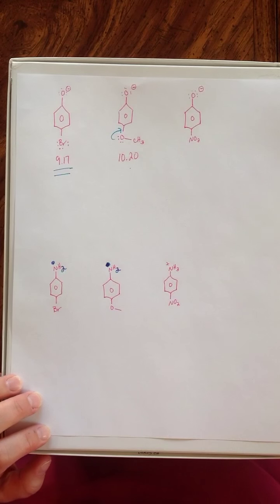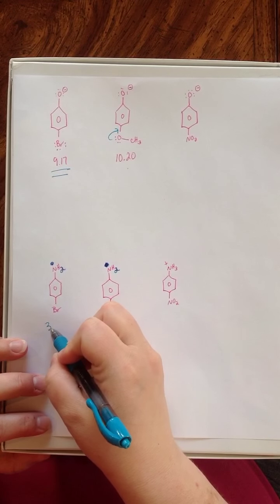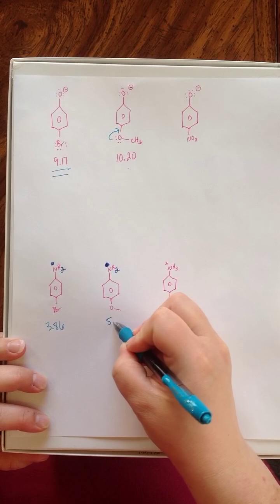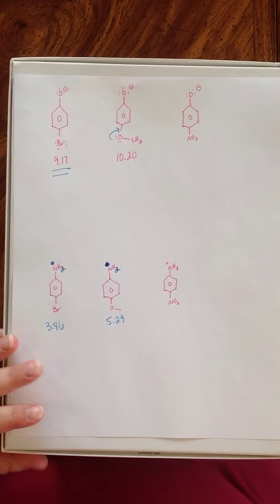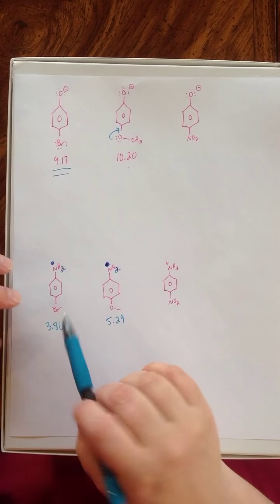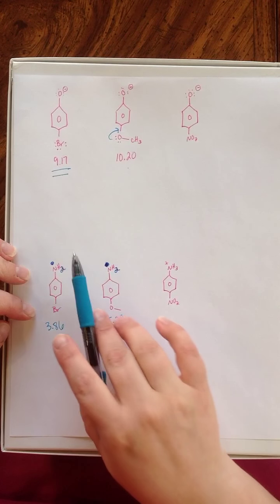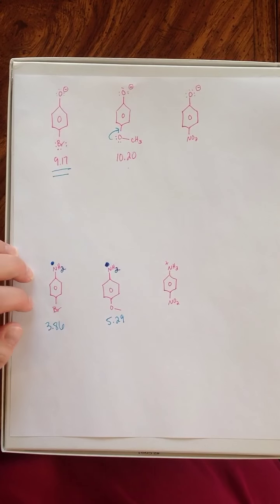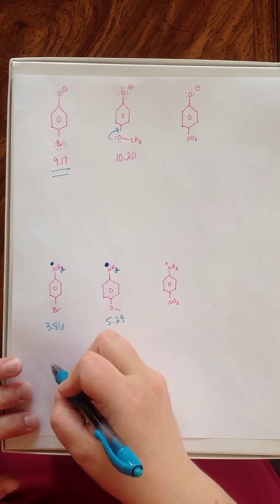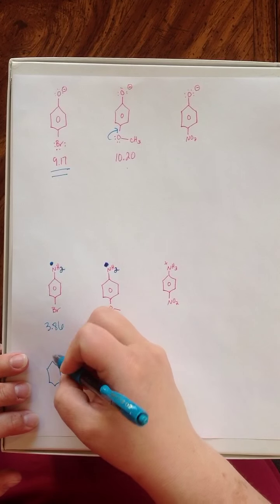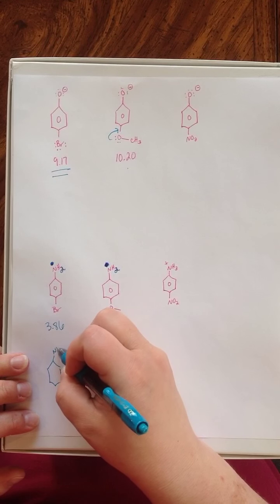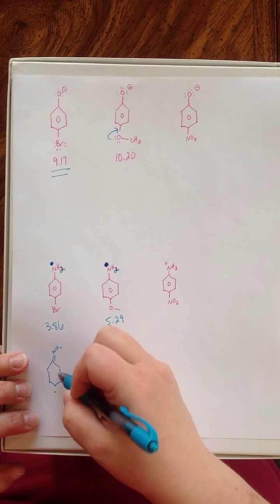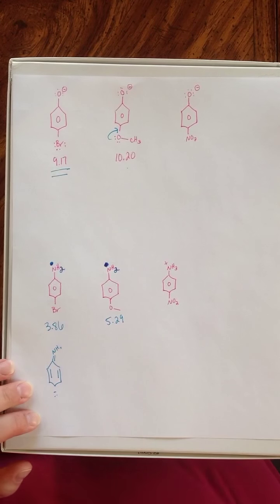Now we already know that the pKa of this one is 3.86 and of this guy it's 5.29. Well, the reason for that is because, again, bromine is pulling electrons to this side, right? And NH2, being a strong activator, one of its resonance structures is to actually have a negative charge at the para position.